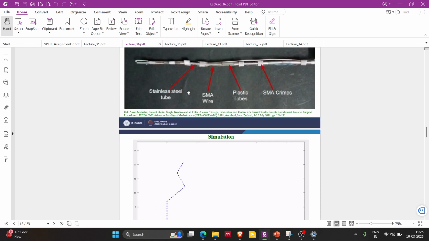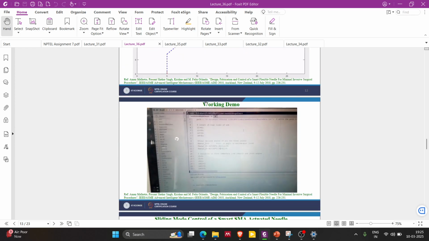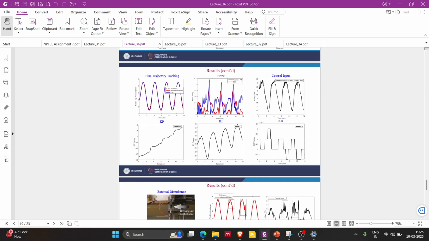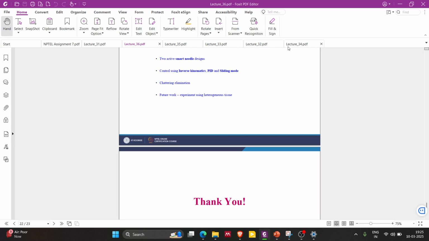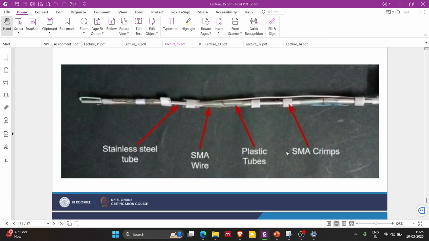See that they have used a shape memory alloy, and let's see if they have shown some result on this page. They haven't mentioned it here. Let's go to lecture 35 and see.